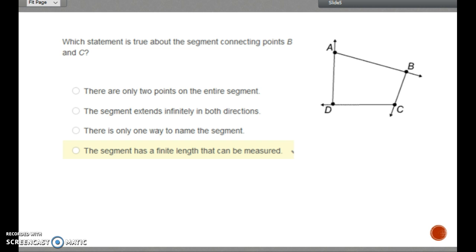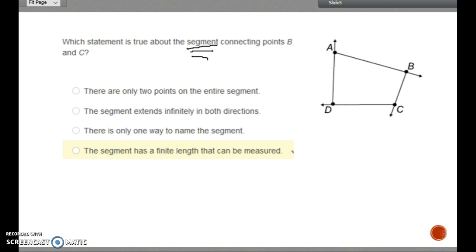Okay, so the next question. Which statement is true about the segment connecting points B to C? Okay, this word is really important. If we're dealing with a line segment, we're dealing with just a portion of that line. We're not dealing with the whole thing, just that segment.